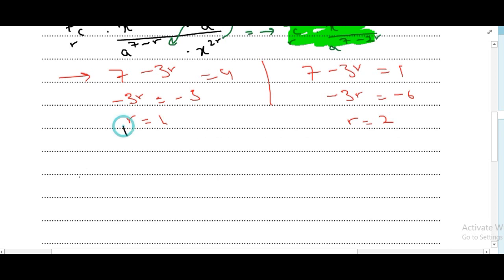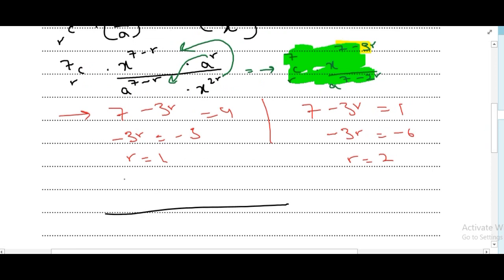Either you can do it in a single go. So this would be 7C1 times x⁴, because 3 times 1 is 3, 7 minus 3 is 4, divided by a^5. Since r is 1, 7 minus 2 is 5.